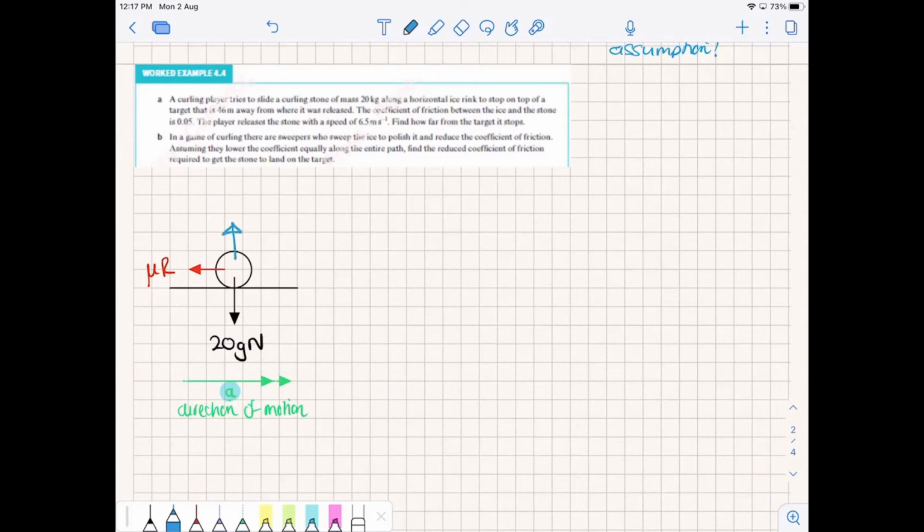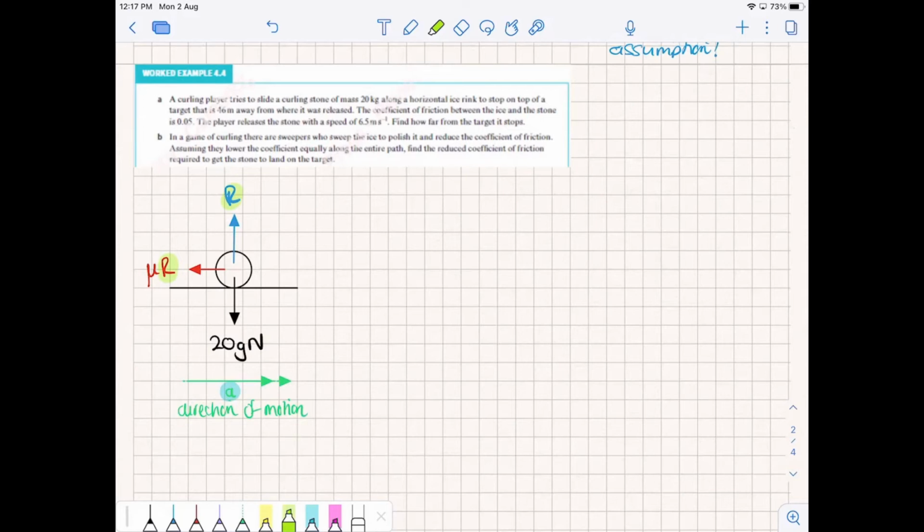And we can't forget about that one, because we need it to solve for friction. Without our normal contact force, in this question, we couldn't find the friction force.